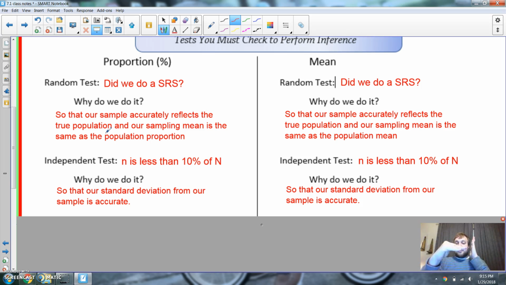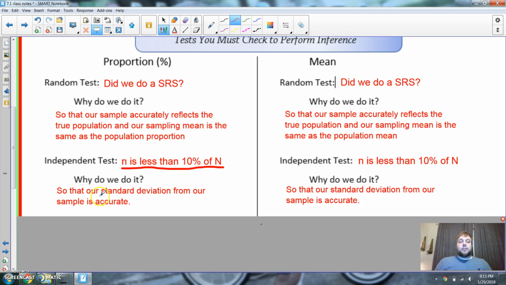We don't want to be off the mark, otherwise we look embarrassed. We want to hit the mark, so we want things random. Next test is the independency test. And here, you need to memorize it. n is less than 10% of big N. So you have to have 10% or less of the population. That's our independency test.